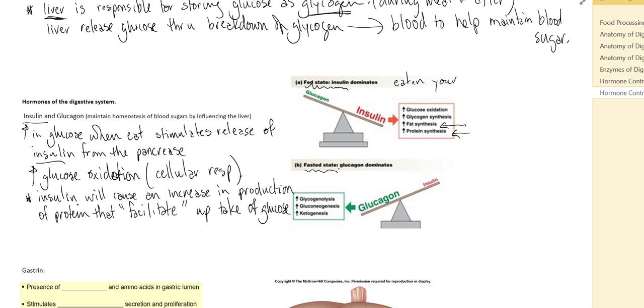And as these blood sugars drop, that leads the pancreas to release glucagon. And glucagon has essentially the opposite effects.